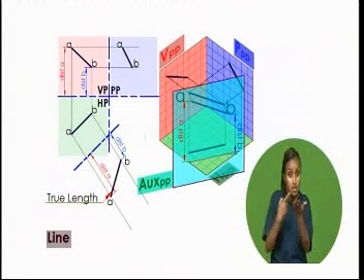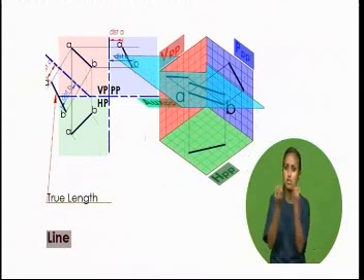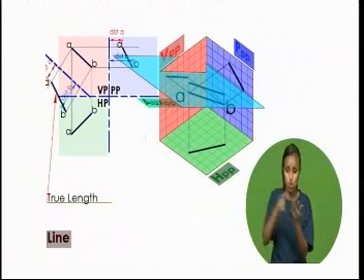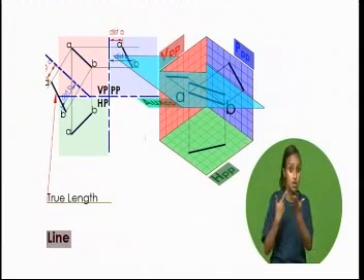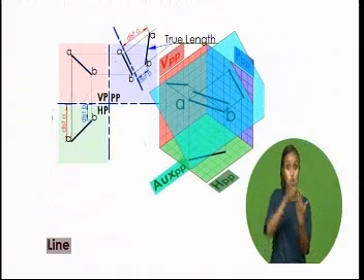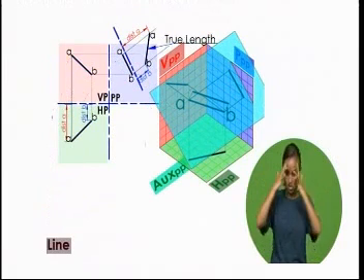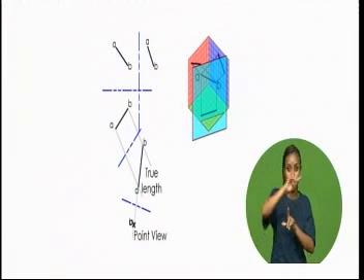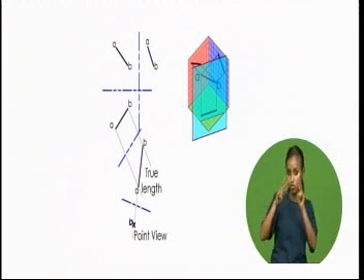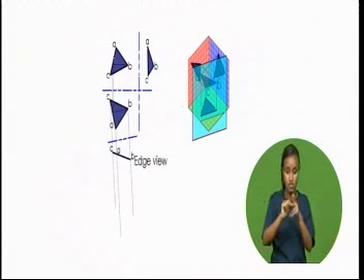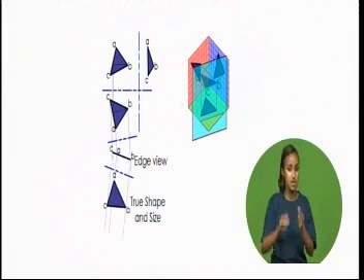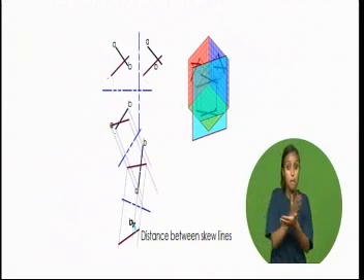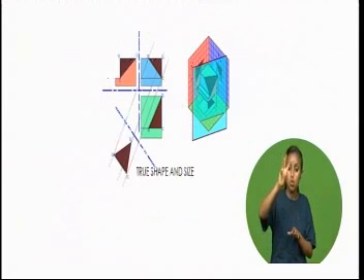Even though there are an infinite number of auxiliary planes, specific auxiliary planes are chosen for a specific object according to its surfaces. Auxiliary views are used for determining the true length and inclination of a line, the point view of a line and edge views of a plane, the true shape and size of a plane, and the distance between two skew lines.